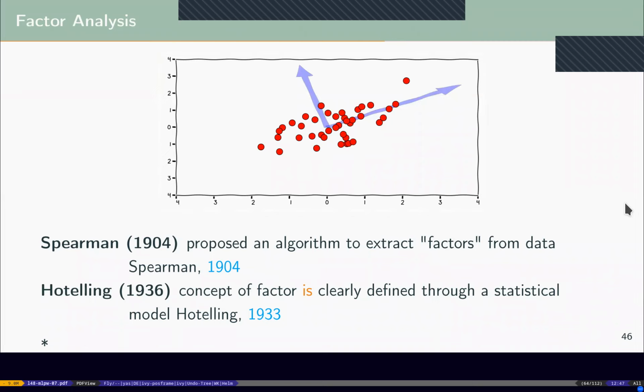It's horrible, a complete misunderstanding, maybe because they wanted it, but also because they didn't know what assumptions the algorithm made. Then you have Hotelling, who proposes PCA, clearly defined through a statistical model that says, if I assume this, then this happens.